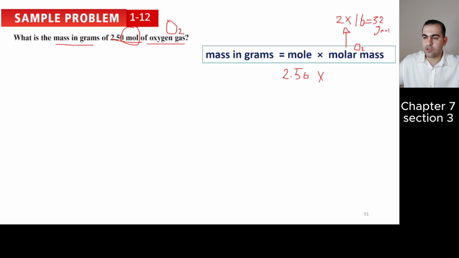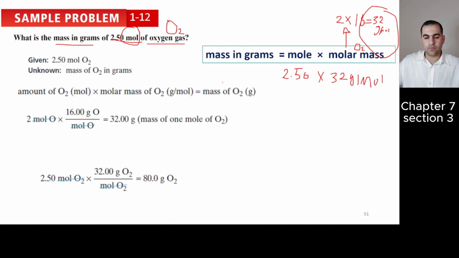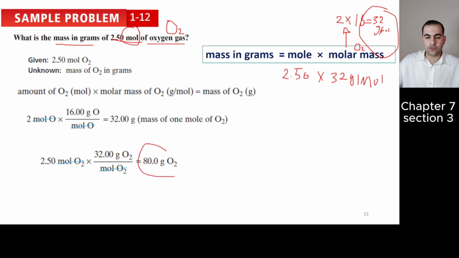So here it talks about 2 oxygens, so it's 32 gram per mole. So molar mass of O2 is 32 gram per mole. So total it equals 80 gram of O2. So formula is important. It says oxygen gas. Oxygen gas is an element. We all know it. Okay, that's it.